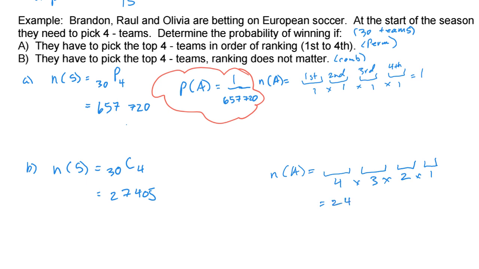So the probability of A happening is just 24 over 27,405. Now, you can leave it as that fraction, or you can change each of these into percentages for when we're doing these calculations, because the percentages tend to be more representative of what the certainty of this is going to be.